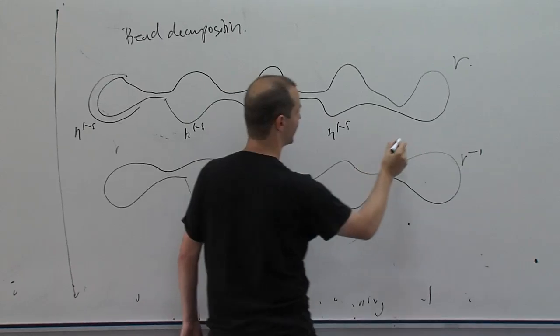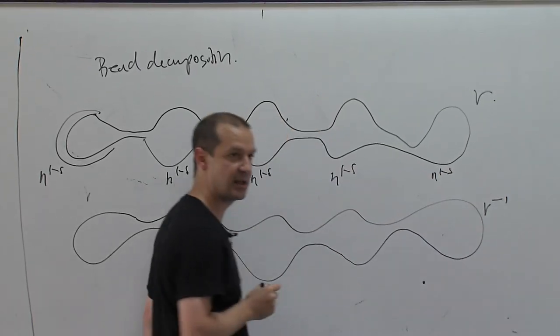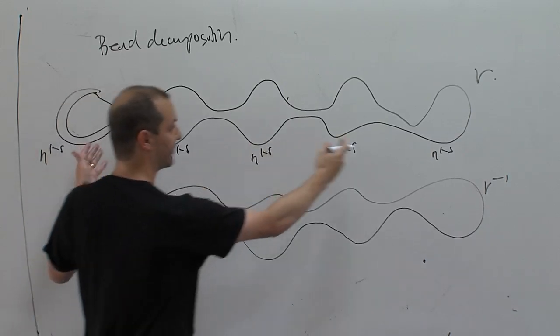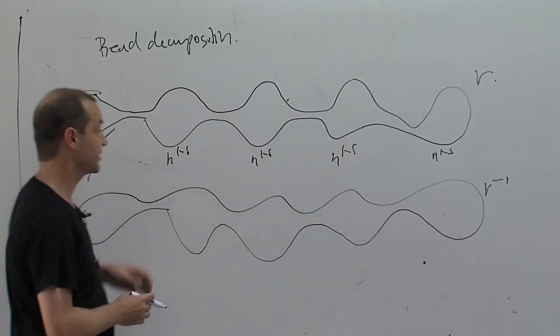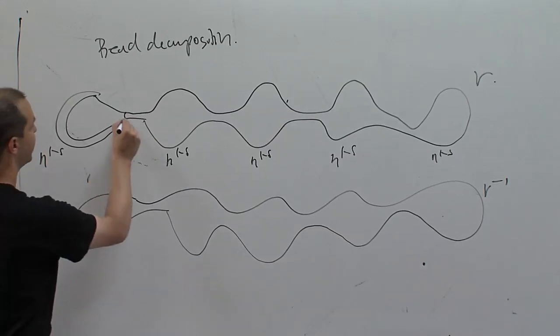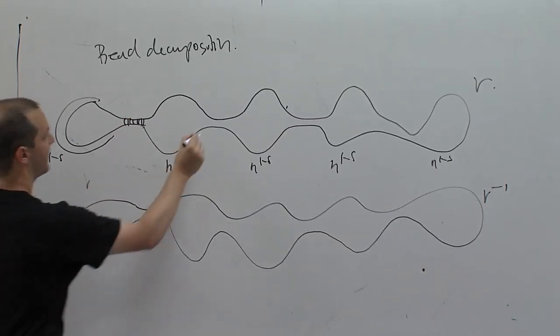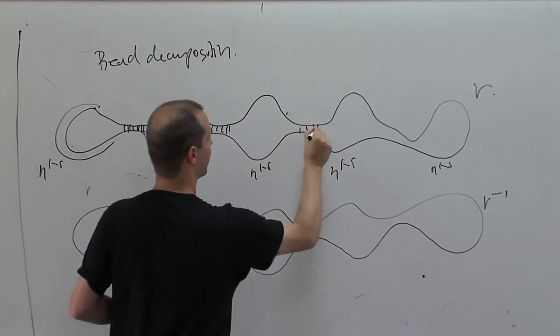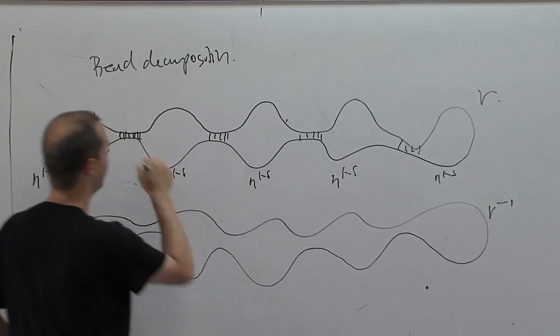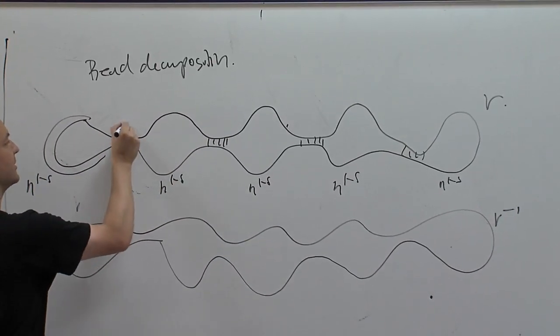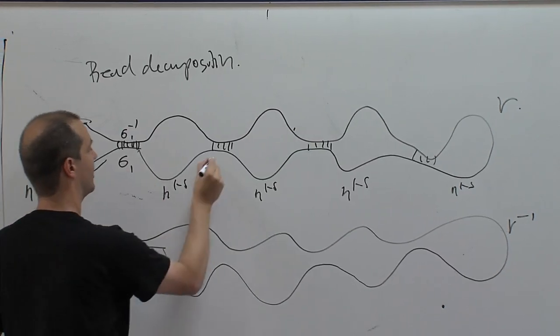You feel as though n^(1-δ) is pretty close to n, but on the other hand, there are n^δ of these beads, and that's a big number. So there are lots of beads. And we want the beads to be separated by pairs of words which are mutually inverse.